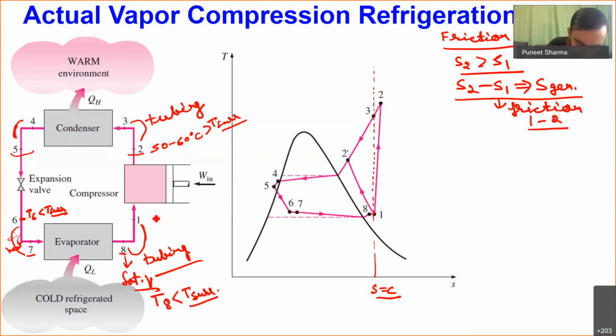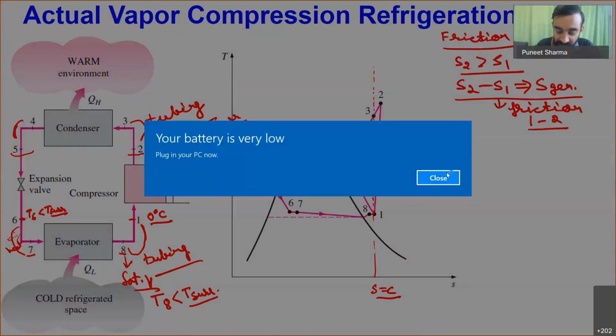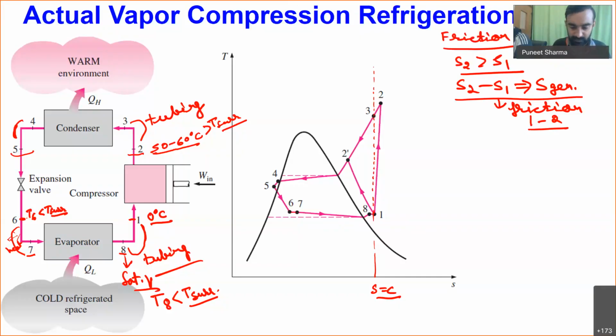At the inlet of the compressor, you can see our substance is at close to 0 degrees Celsius. And while we are compressing this substance, at the outlet of the compressor we are having the substance at 50 to 60 degrees Celsius. Okay, so I was now discussing process number 1 to 2 dash.